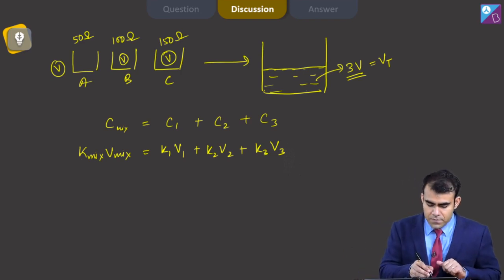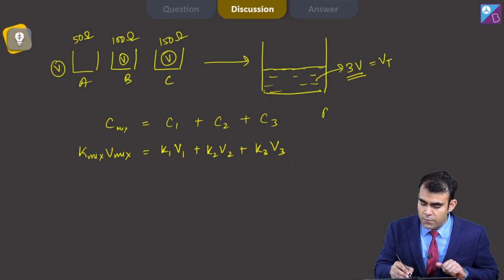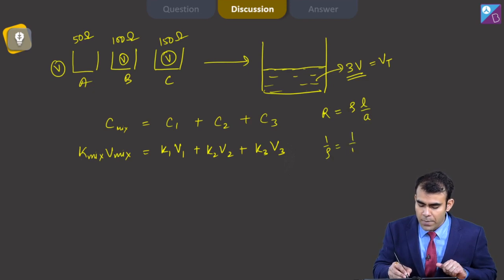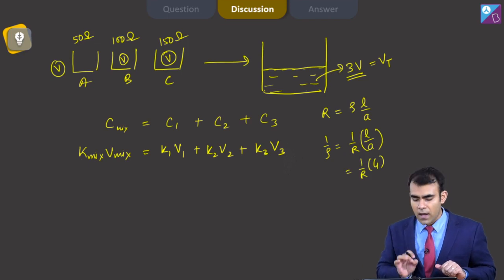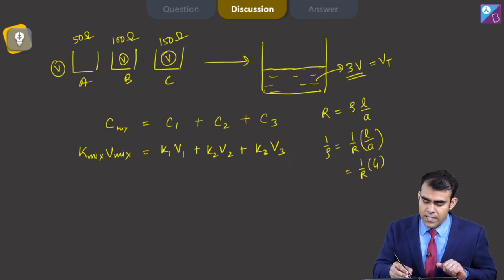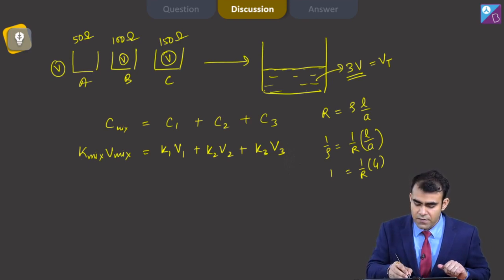Now here kappa is basically conductivity, and we know the formula R is equal to rho L by A, or 1 by rho is equal to 1 by R into L by A. This L by A is basically the cell constant. I have shown this by G, and this 1 by rho is basically the conductivity of the solution.